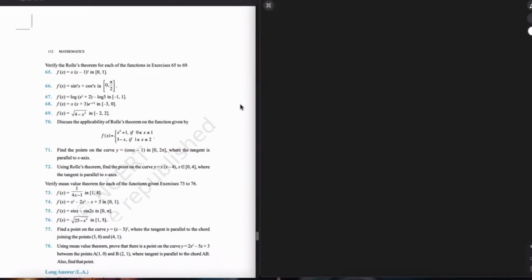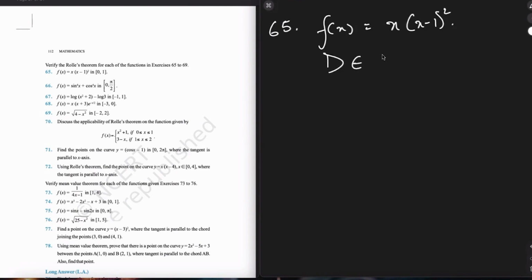Okay, we have to verify Rolle's theorem. Question number 65. We have f(x) is equal to x into (x minus 1) the whole square, and the domain has been given to us as 0 to 1. So if you recall, I told you about Rolle's theorem.